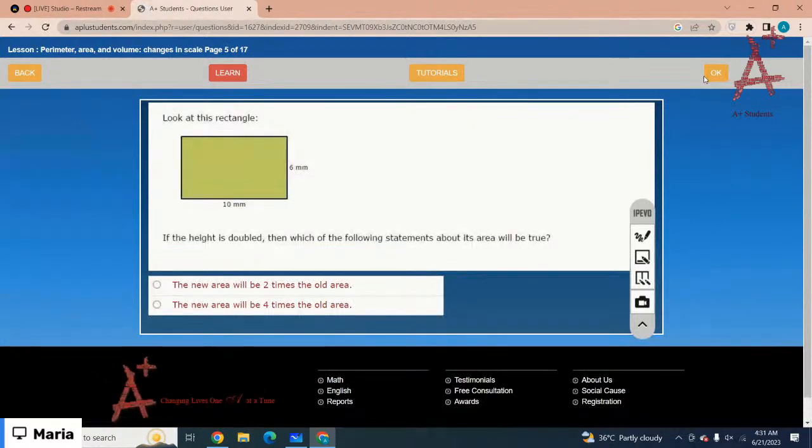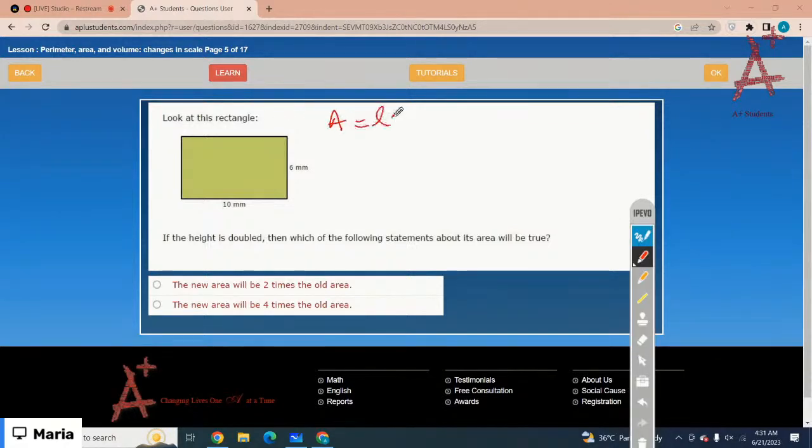Okay, look at the rectangle. If the height is doubled, then which of the following statements about its area will be true? Okay, the area of the rectangle is length times width. Got it? If the height is doubled, height times width, you can say it would be 2h times w. That would be 2 times hw.